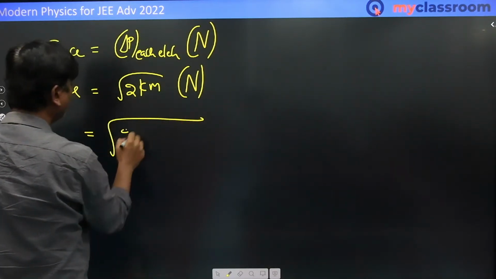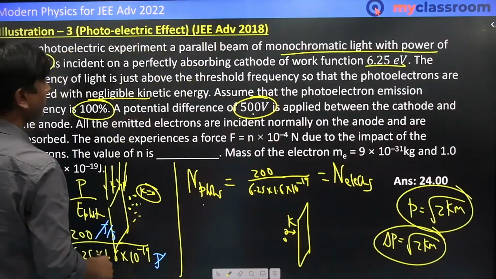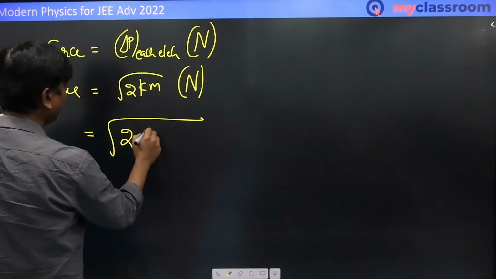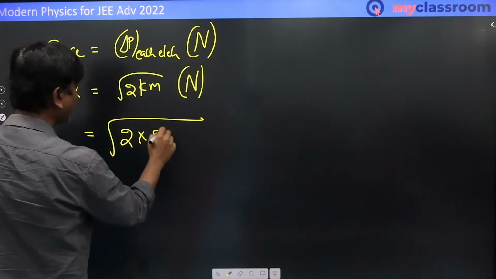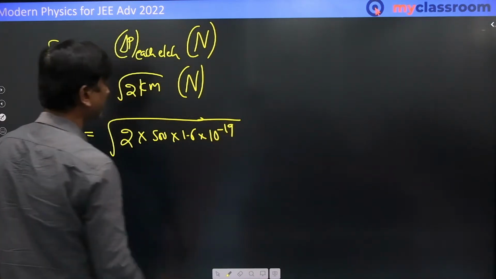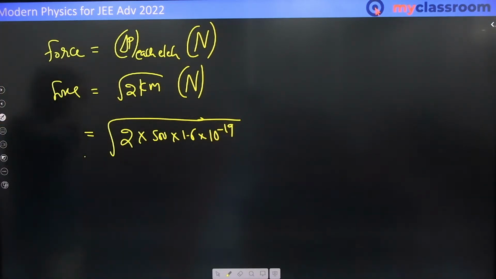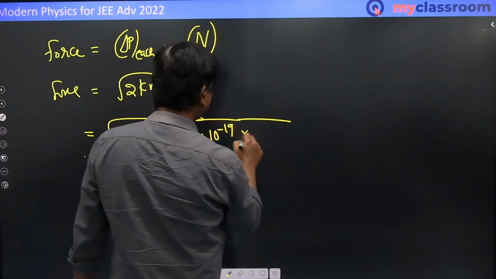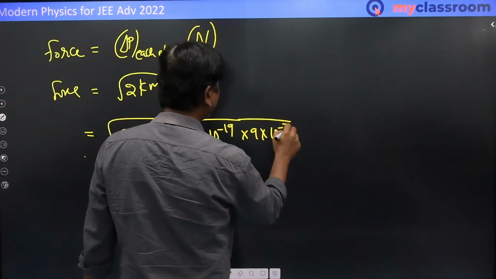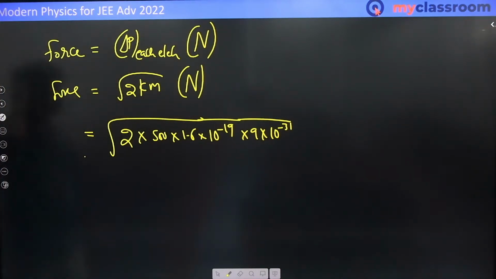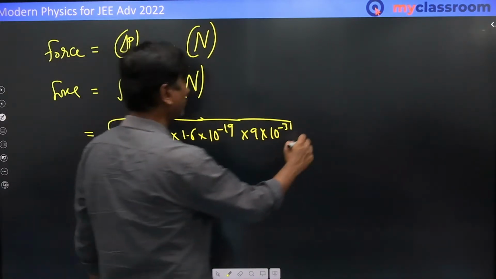So 2 into kinetic energy, 500 electron volts, which is 500 into 1.6 into 10 power minus 19, into the mass of each electron, 9 into 10 power minus 31. That is the momentum, into the number of electrons n.